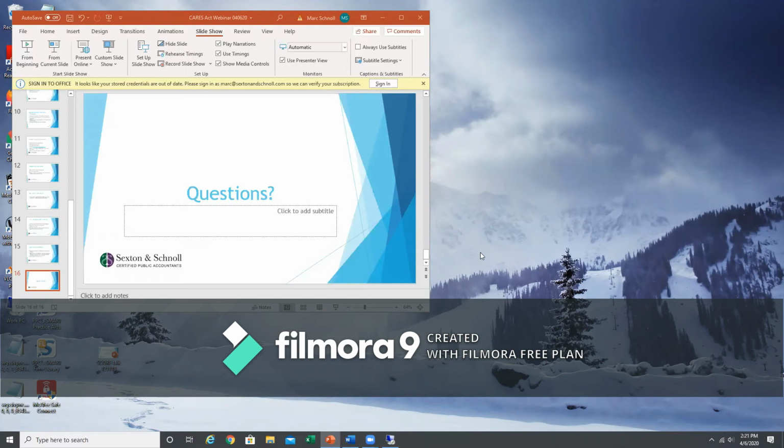We have another question. How do LLCs fall into these if there's no payroll, but there is rental? There are rentals. So I would say that the PPP in this case is probably not a good program for you, because that really is about payroll and maintenance of payroll.